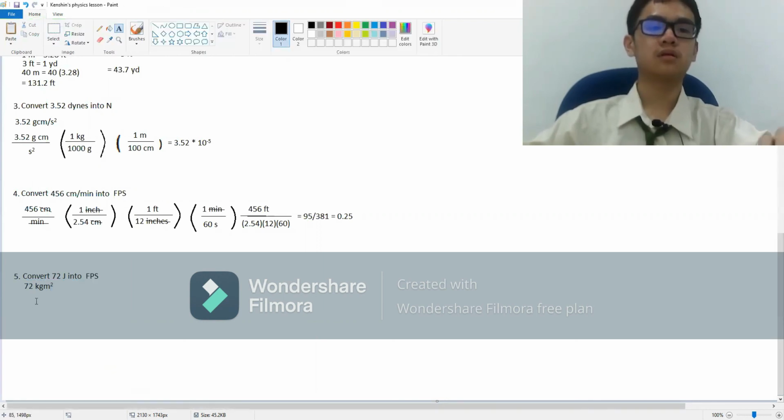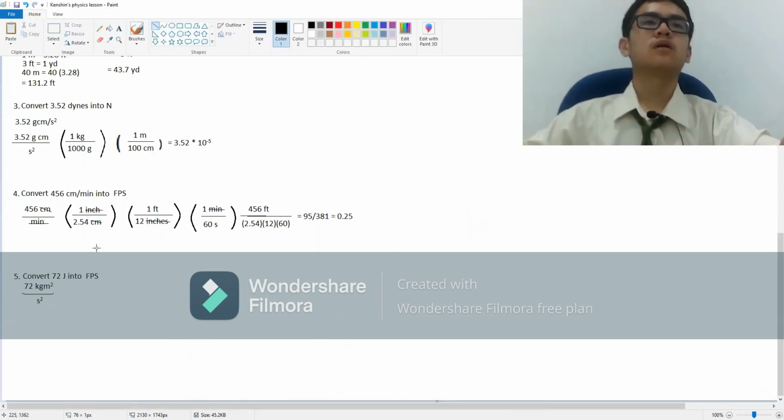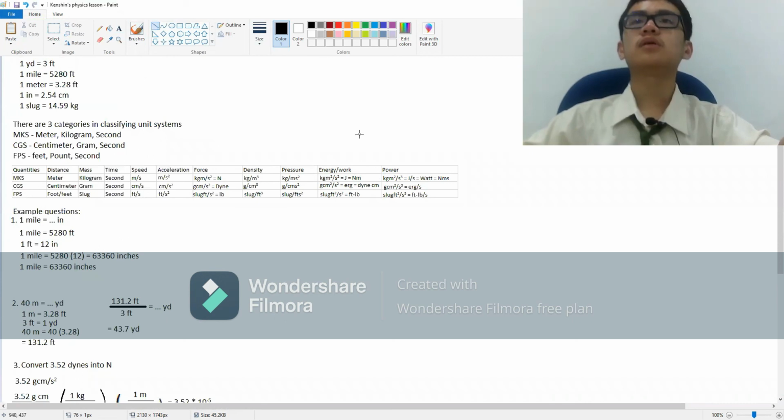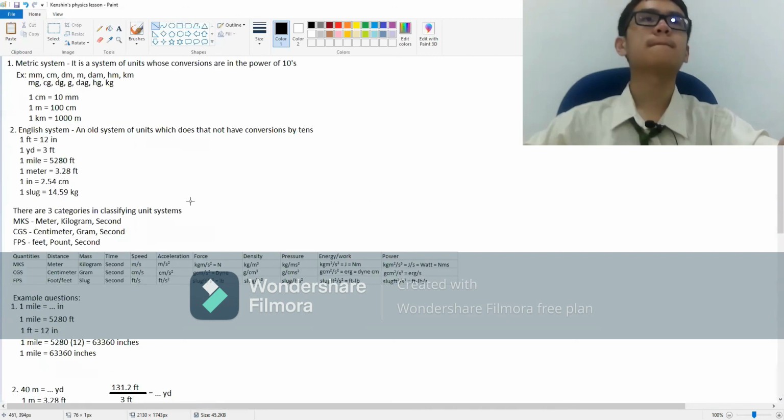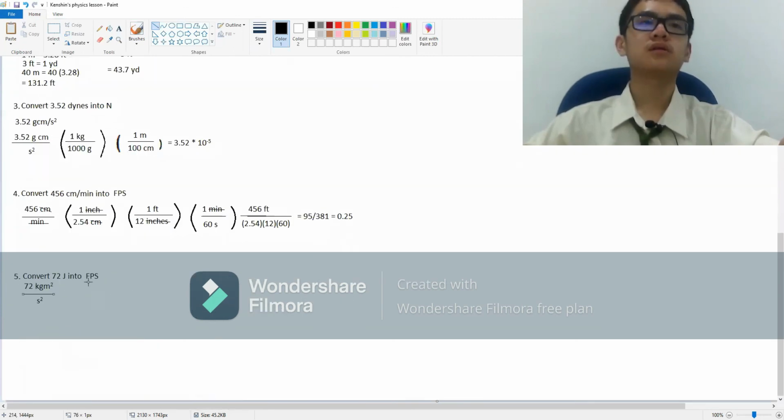We want to turn this into slug, feet squared, over second squared. All right, first let's do meters to feet squared. So 1 meter is at the top.